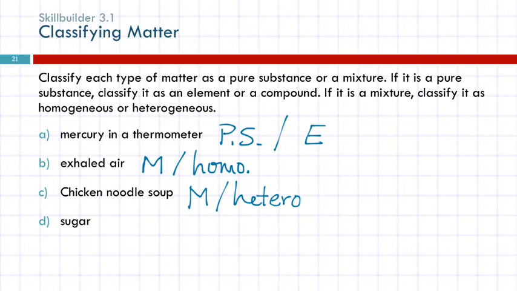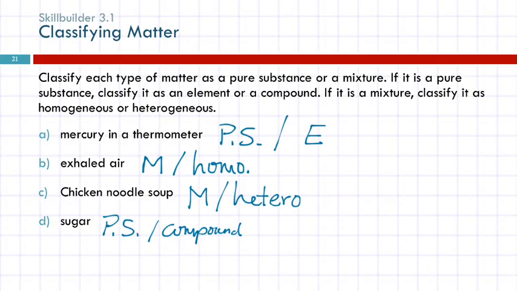How about sugar? Sugar is a pure substance. Is it an element or a compound? It's a compound. Now, depending on your experience in science and chemistry, that may or may not be readily apparent to you.